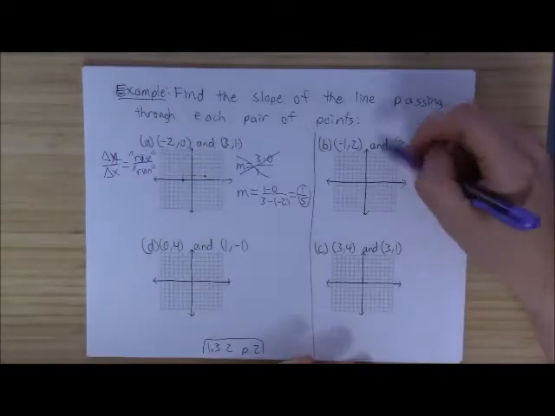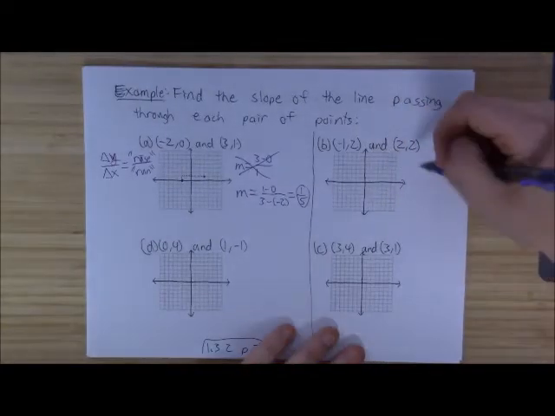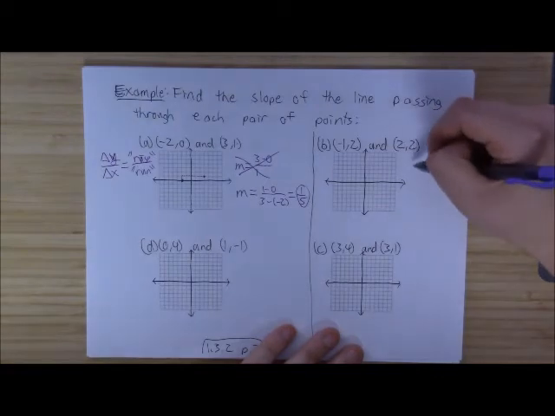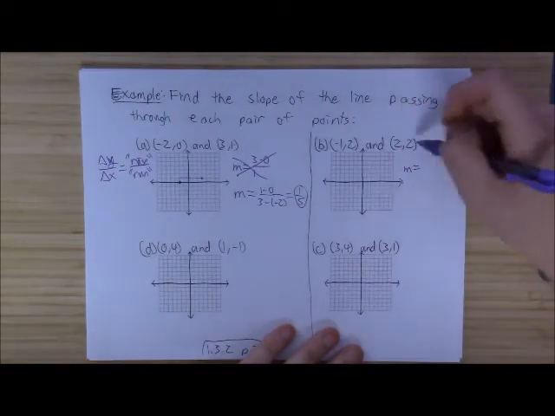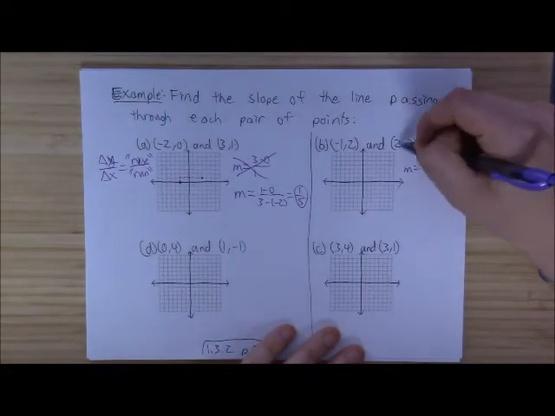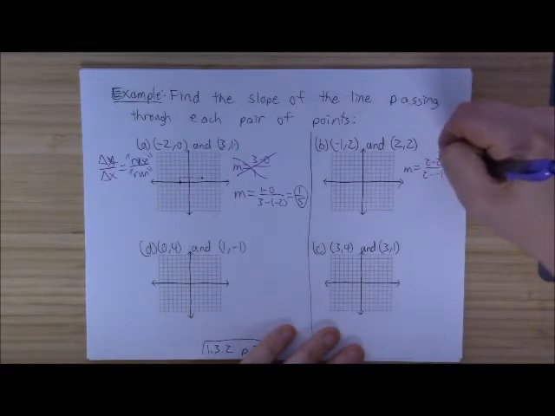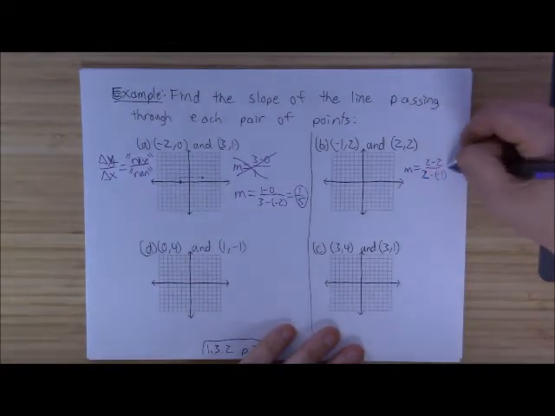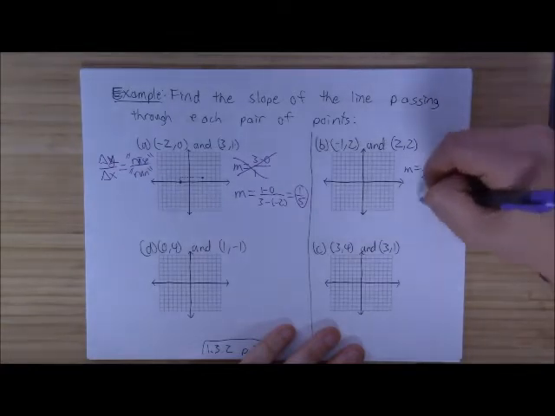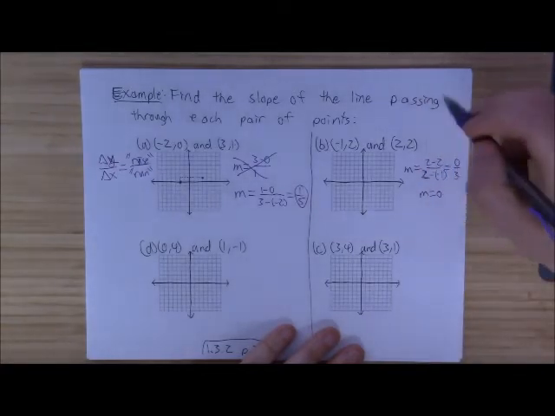What about over here? We can do a similar thing. Here m would be 2 minus 2 over 2 minus negative 1. 2 minus negative 1 is 3, and 2 minus 2 is 0, so the slope is actually 0. Does that make sense?